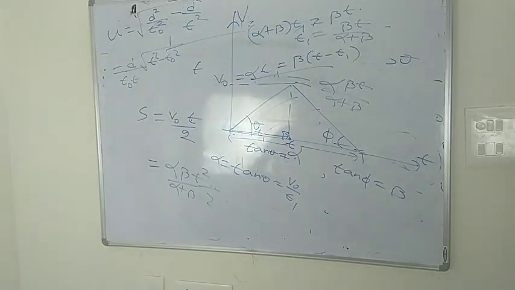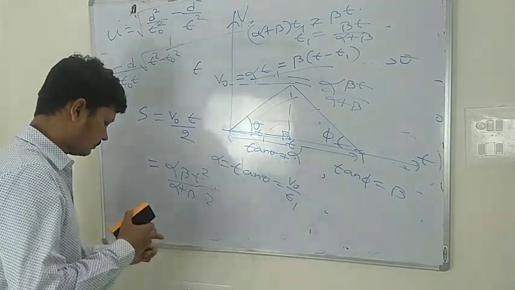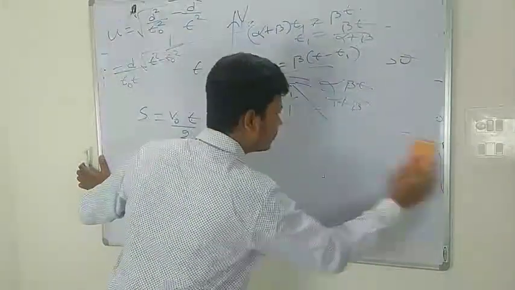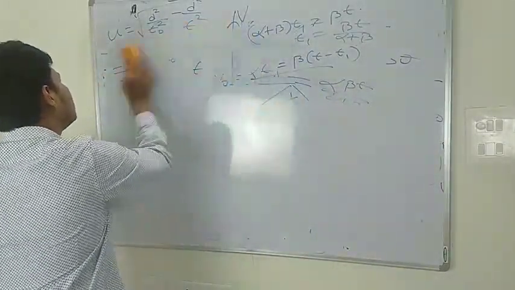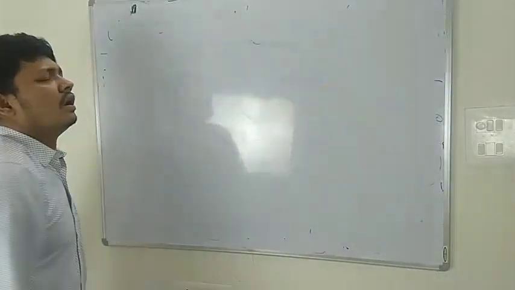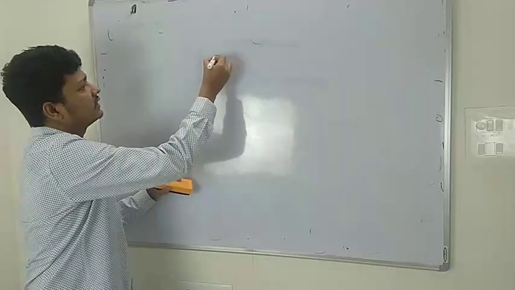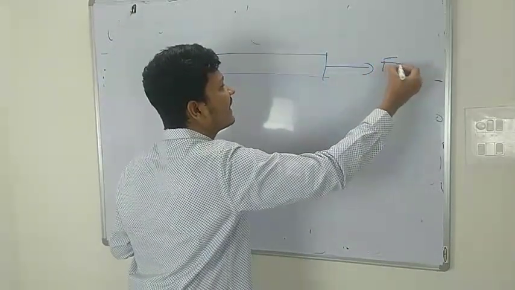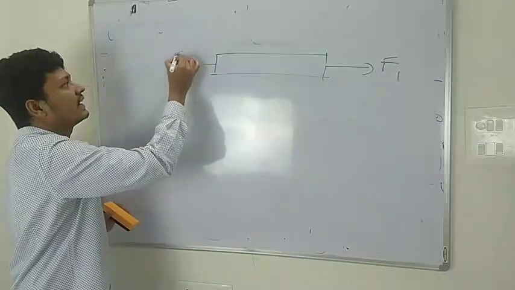Next is a rod of length L and mass m, with forces F1 and F2. F2 is less than F1, as shown in the figure. Find the tension in the rod at a distance y. So this is your rod, and your force F1 is acting like this, and your force F2 is acting like this.